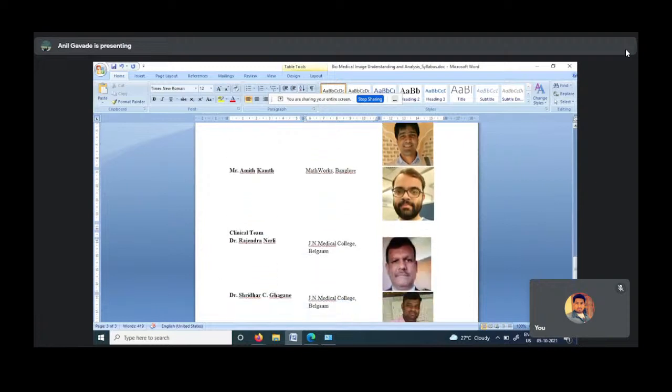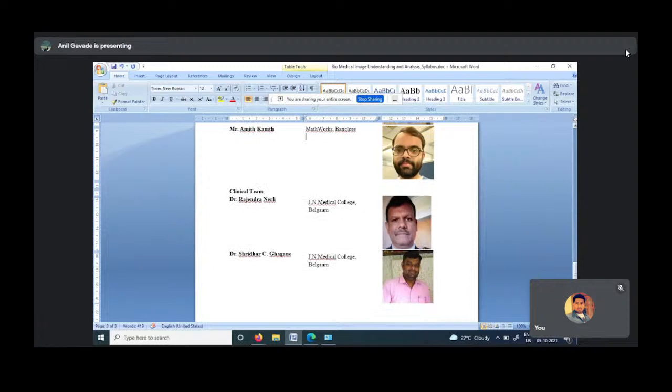Also, from the clinical side, we have 2 people from the medical domain: Dr. Rajendran Nirli, a well-known urologist from JNMC Hospital and practitioner from Kelia Hospital, and Sridhar Gagne, who is associated with the projects I have told you about. So you will get exposure to the programming side as well as the clinical side.